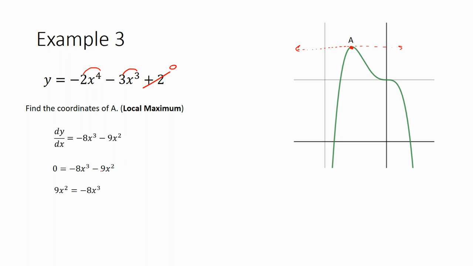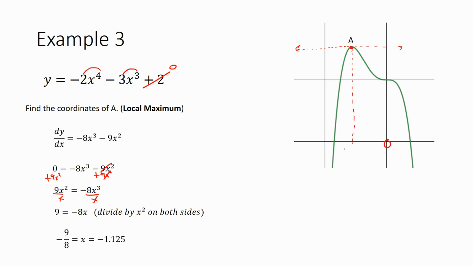So we'll move the 9x squared. So I'll add 9x squared to both sides, and then divide both sides by x, and then divide both sides by negative 8. And so there's the x coordinate of this point, and you can kind of see that makes sense. Here's 0, and here's negative 1.125.